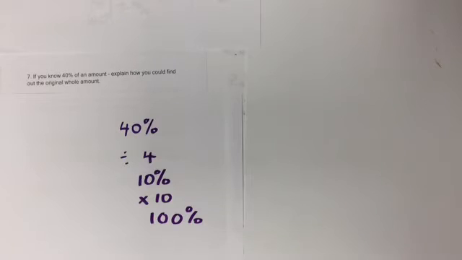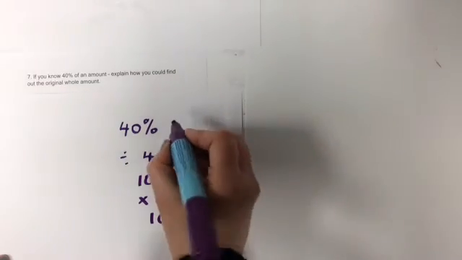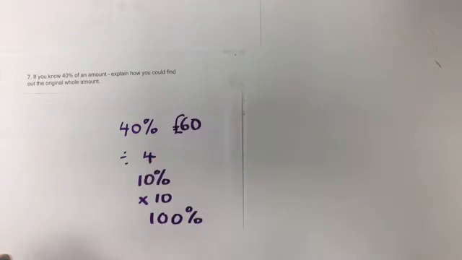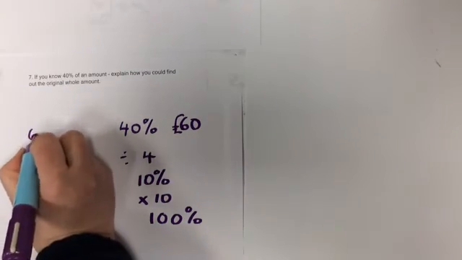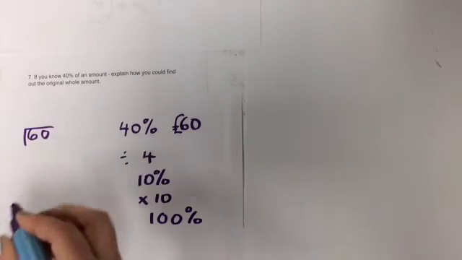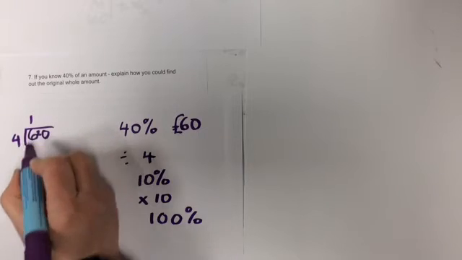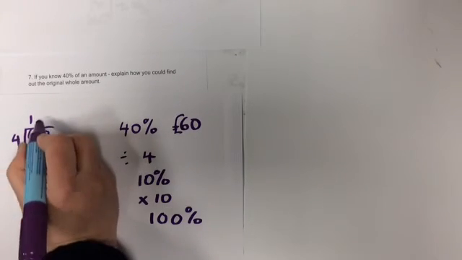Now let's try that out with real figures, just so you get a sense of what we're doing. So imagine 40% of something was £60. So if I knew that 40% was £60, I would divide that 60 by 4. 4s into 6 go 1, carry 2, 4s into 20 go 5.